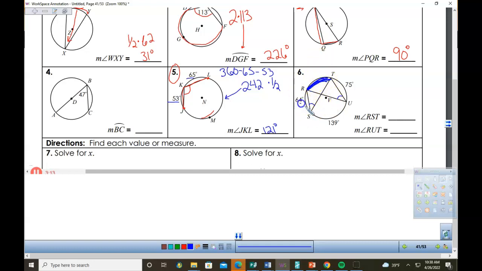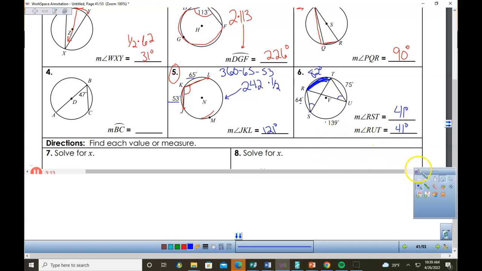That arc measure, when I subtract all these from 360, I got to be 82 degrees. So now since they're inscribed, I do half of that. Half of 82 is 41. So both these are 41 degrees. Okay?